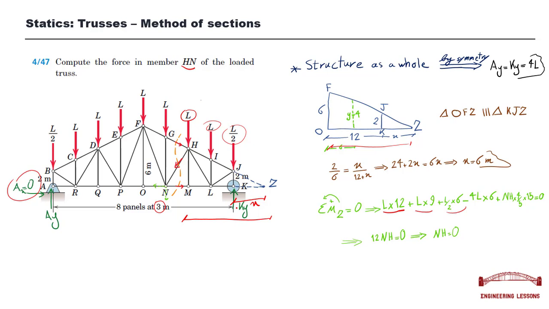and our support reaction Cy that we already calculated, it was 4 L, times x, which is the distance between C and Z, which is 6 meter.